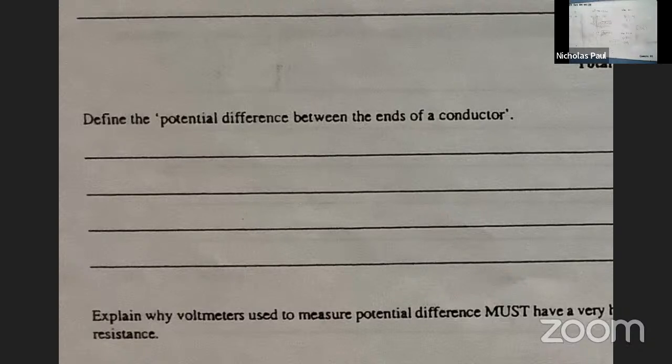Here's what you can look at: if you have a potential here, let's call that P1, and a potential here, if you find the difference in potential, that'll be the PD. So the potential difference between 2 points is the change.